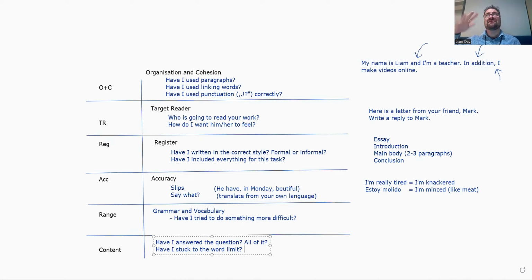Okay, if you write 5 or 10 less than that, it's not a problem, but you really want to pay attention to the word limit. If you can go through this and check each one, then at the end, you will have a good piece of writing.